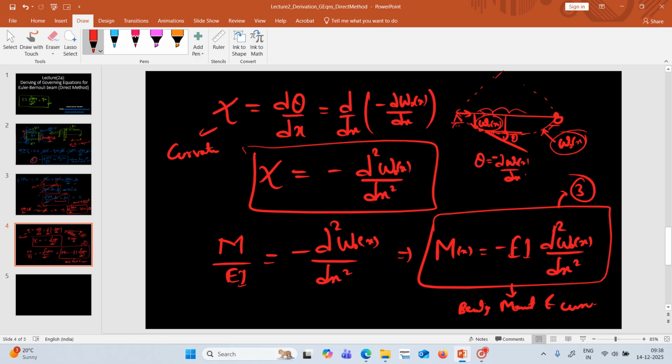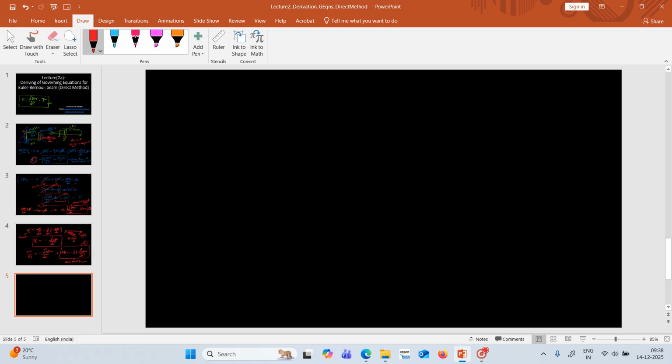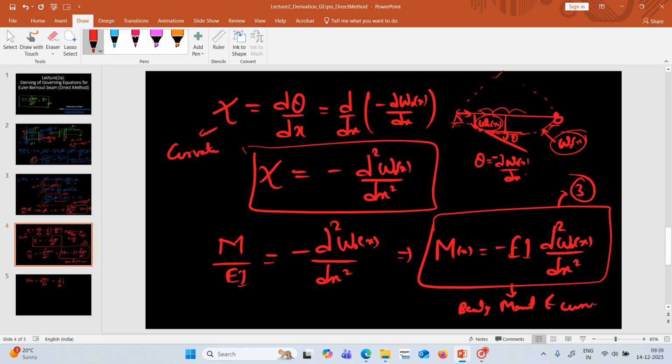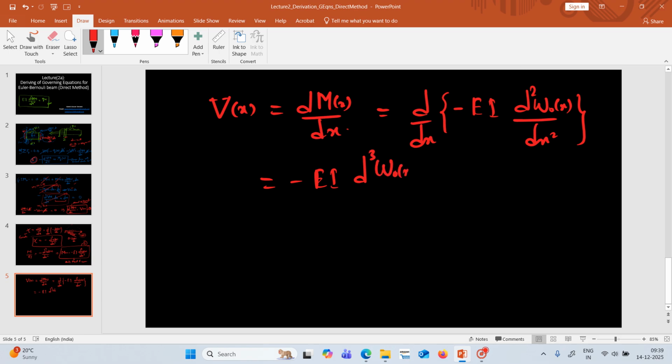Now coming back, what is the relation of shear force with the bending moment? V of x is d of M of x by dx. M of x is written here in equation 3, so substituting equation 3, we get minus EI d2 w naught by dx square differentiated again, which gives minus EI d3 w naught of x by dx cube.